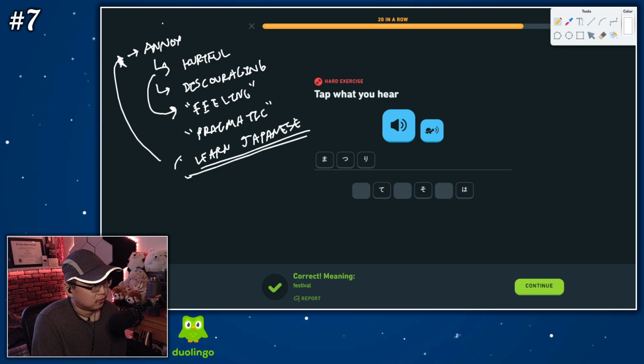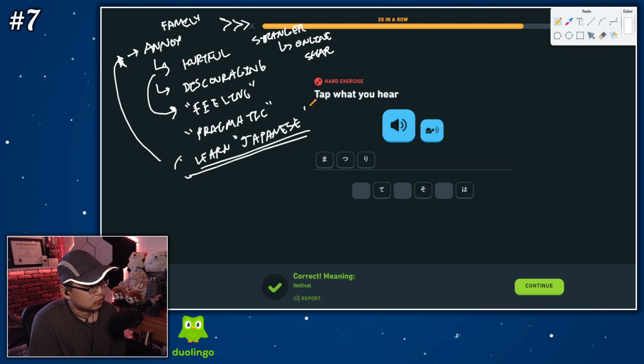And their family, right? We're talking about family here. So it's not like a stranger like myself, or some online person who shares the same interest. Family is way greater than that. Because you can definitely do a lot with not necessarily learning literally just Japanese.